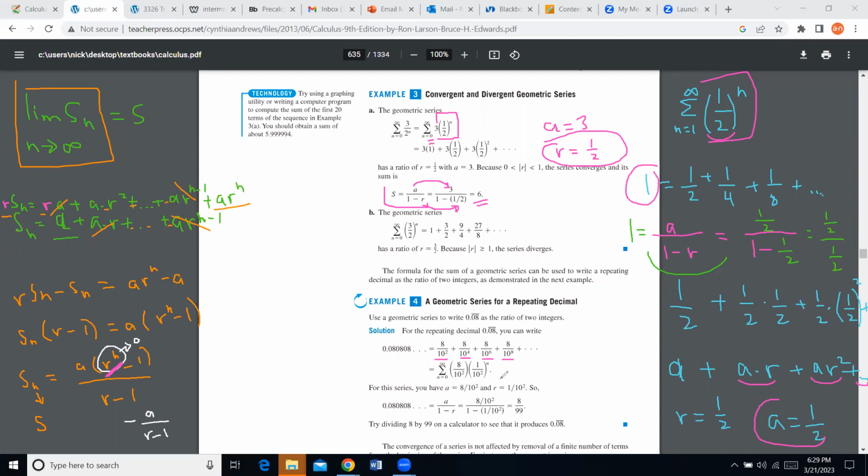And you just care about placing the first term in the numerator, and the first term is what they have here, whatever it is. And the ratio 100ths, you put 1 minus 100ths in the denominator. So you get yourself a sum.